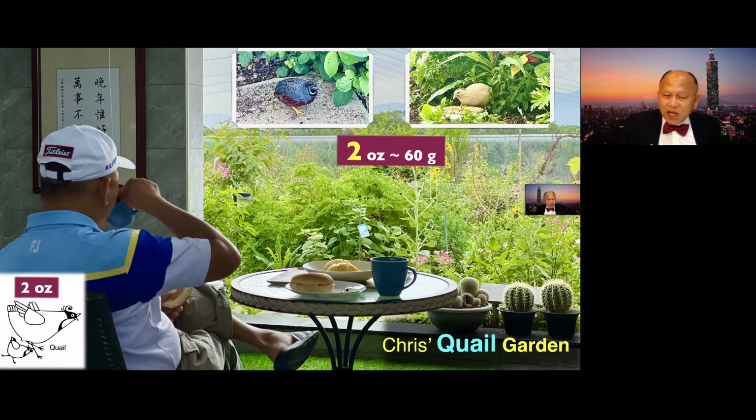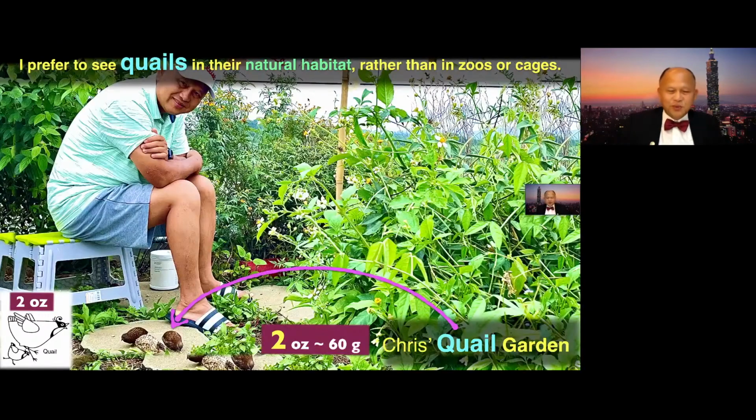And this Chinese coil is the smallest coil in the world. It's only half an ounce, which is roughly just 15 grams, very small. How small is that? Let me show you this one. This is my feet, and the coil is very, very tiny and very, very colorful. I love this Chinese coil. 2 ounces is roughly 60 grams, very light.